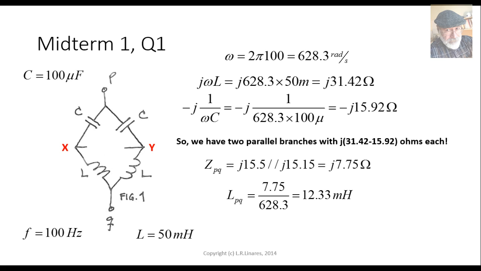The other part, B, is what if we change the value of the horizontal capacitor to twice as big in capacitance? Well, we already have an answer for that. There is not going to be any current through that capacitor, so it does not matter the value of that capacitor. It doesn't even matter if we connect there anything, a shoe, and still the impedance is going to be just the impedance of a 12.3 millihenries inductor.